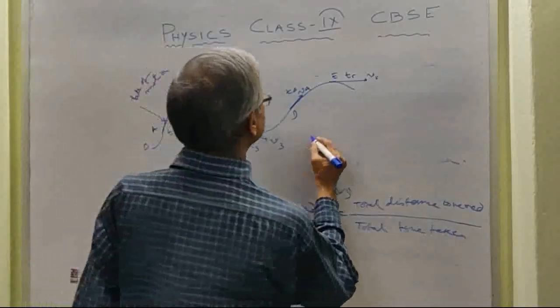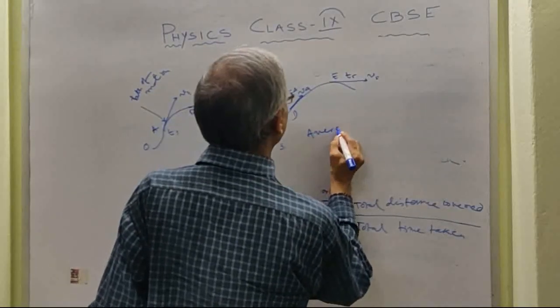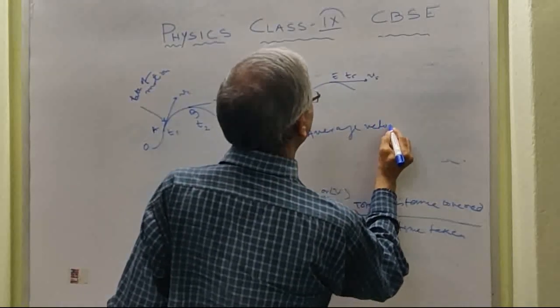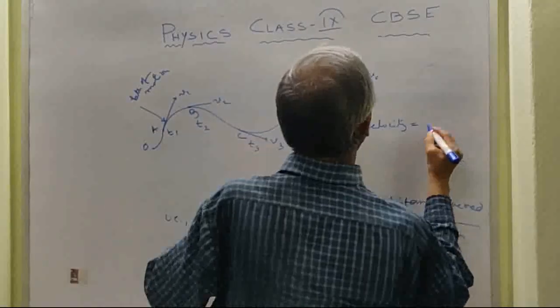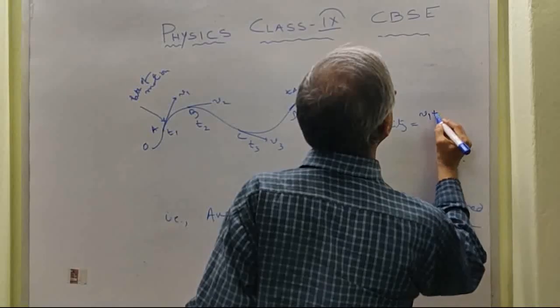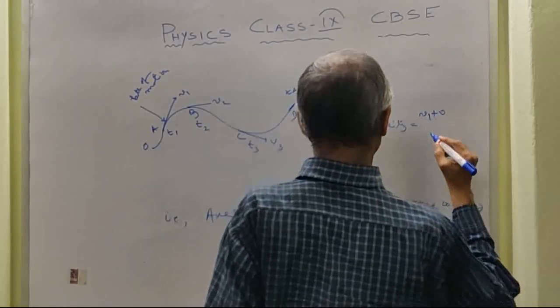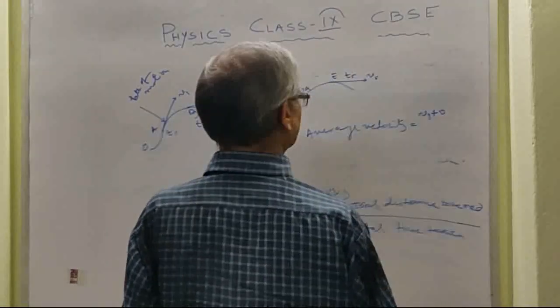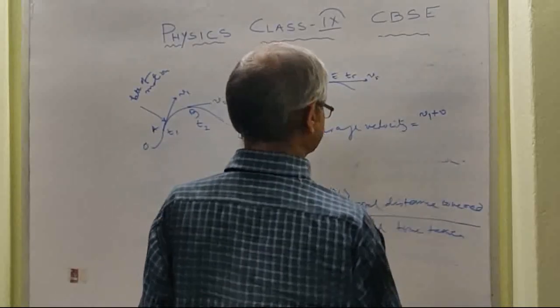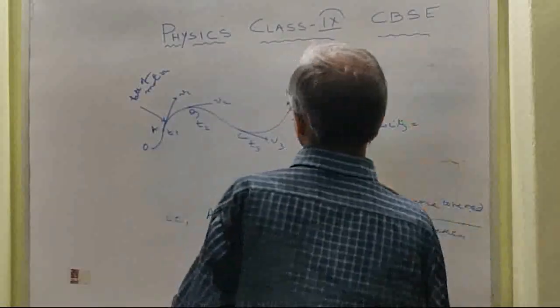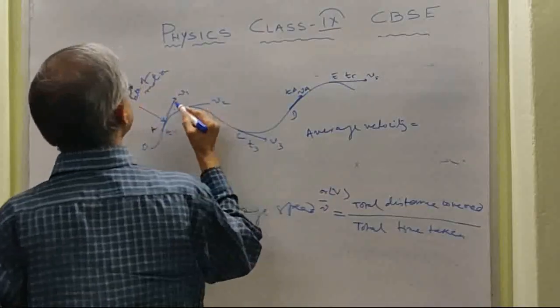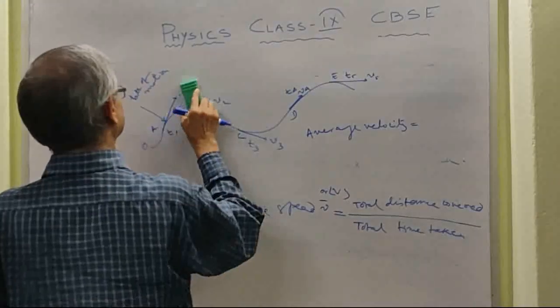So the average velocity will be the sum of the distances, not speeds.